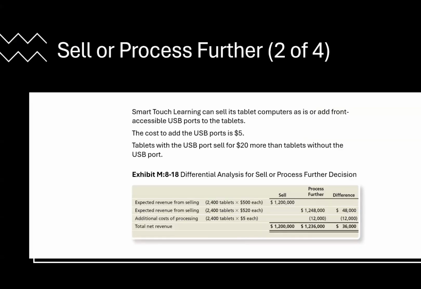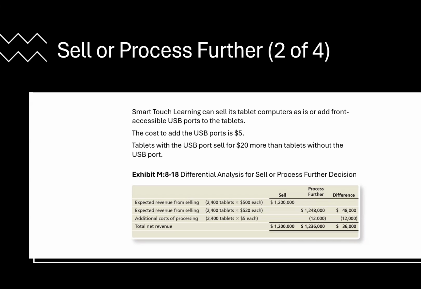Consider one of Smart Touch Learning's sell or process further decisions. Suppose Smart Touch Learning can sell its tablet computers as is, or add front accessible USB ports to the tablets. The cost to add a USB port is $5.